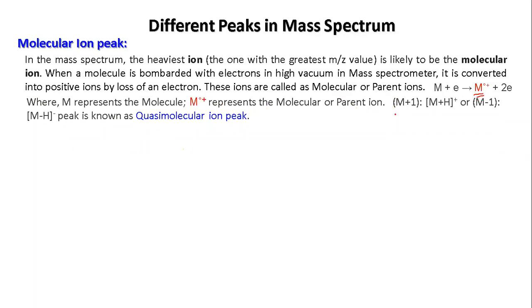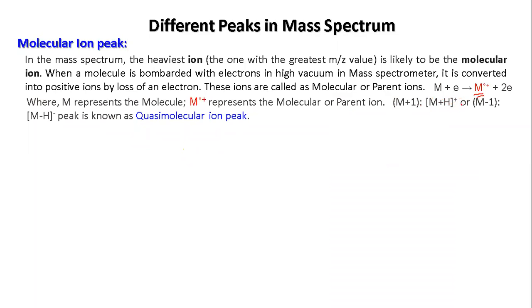Now you have another terminology, where in some cases, instead of getting M, you will see M plus 1. That is, M is connected with H plus, so that gives M plus H plus.